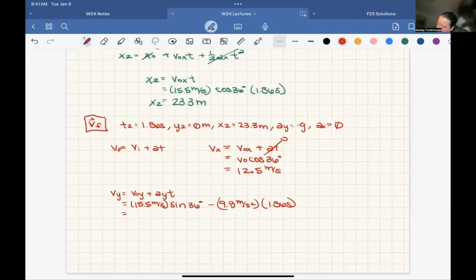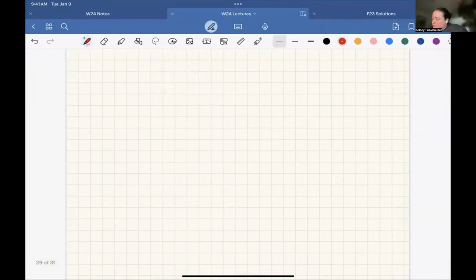And this is negative 9.1 meters per second. So now we have our velocity in x, which is 12.5. It didn't change in this situation. And velocity in y, which is negative 9.1 meters per second.